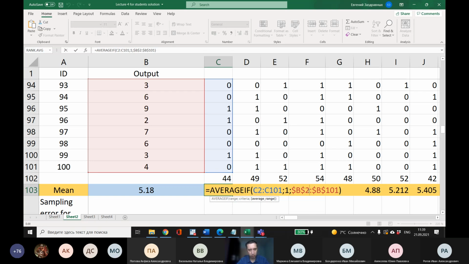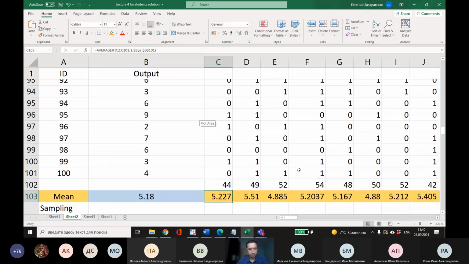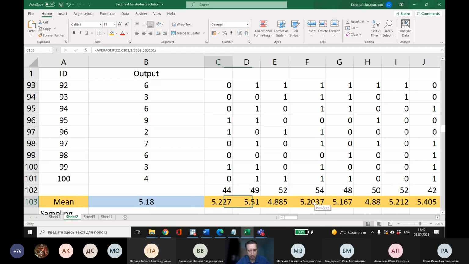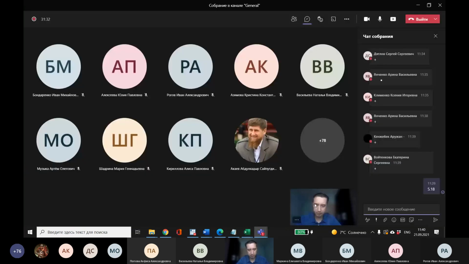And this one is our range from column B. Well, and here we calculate the average of our output among surveyed respondents in sample 1. Please apply the same formula and the answer is 5.227.